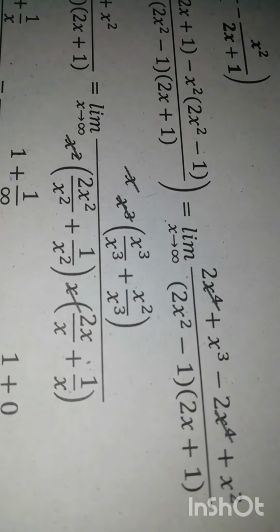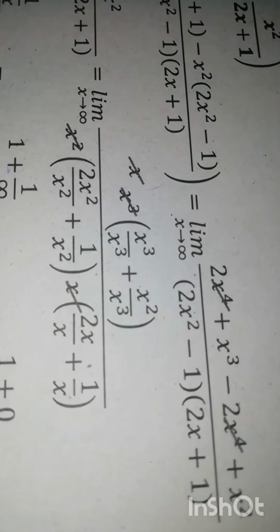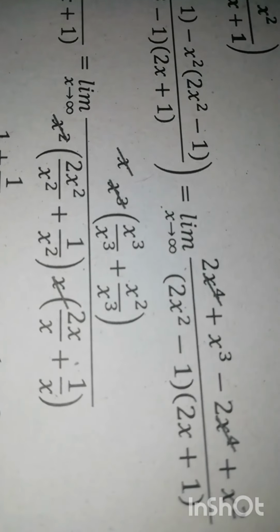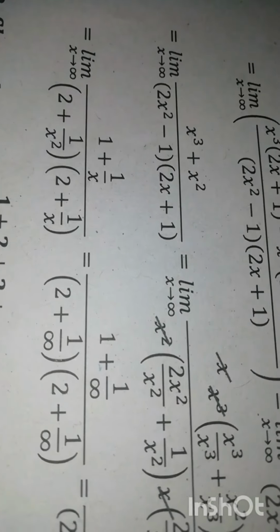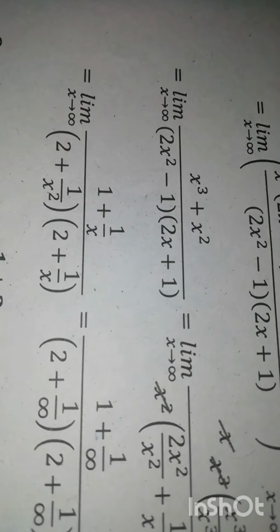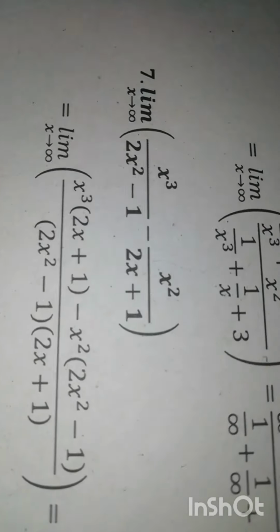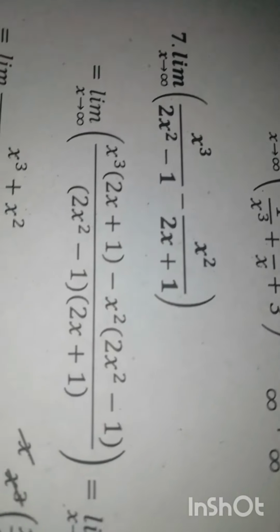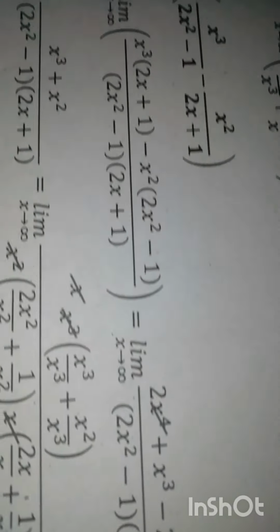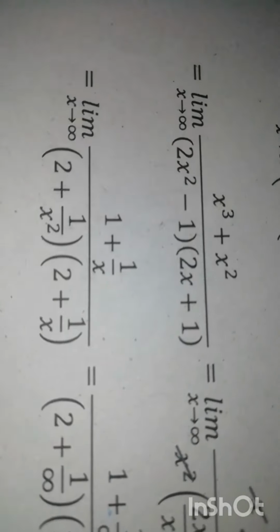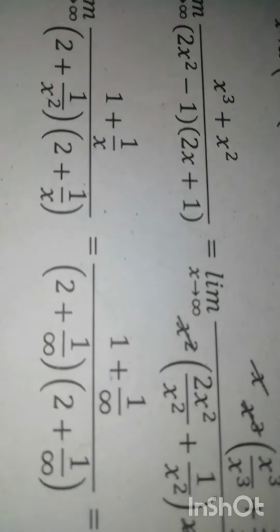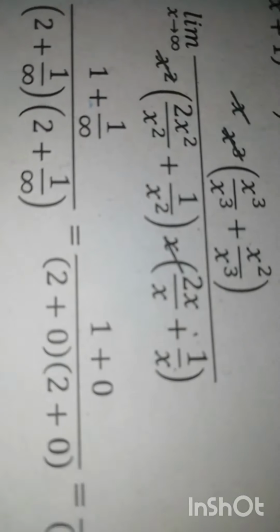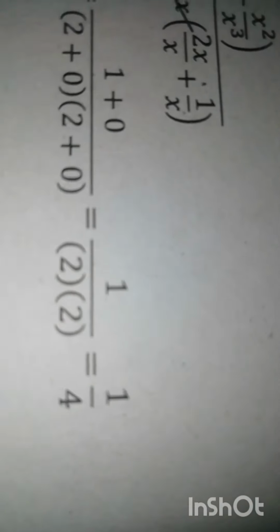Next the x. What is the reason? They are given x tends to infinity, so we can get a 1 by x form. So finally, given this function, after simplifications, we get this form. Substitute the limit. What's the answer? 1 by infinity 0. 2 into 2, 1 by 4.